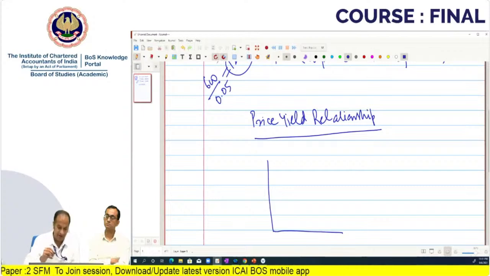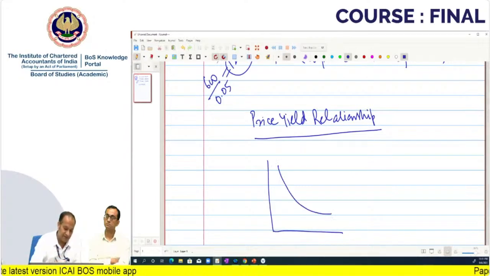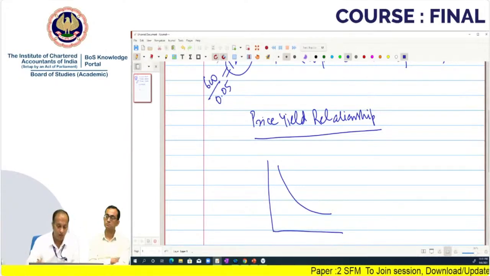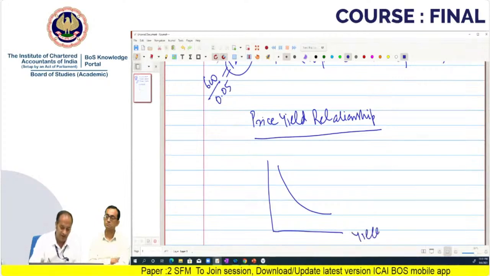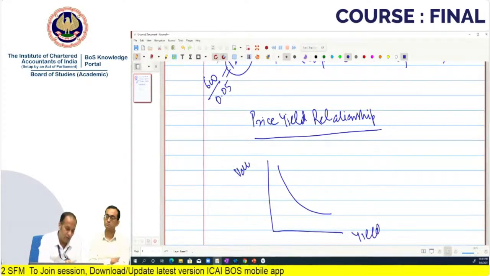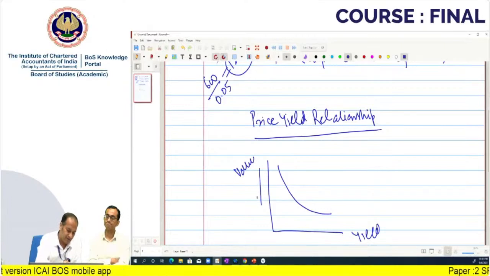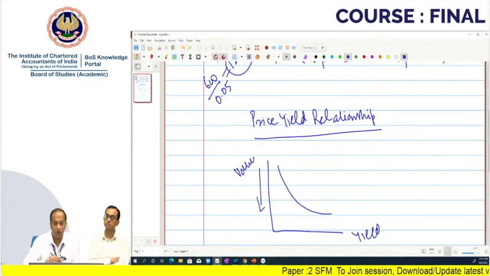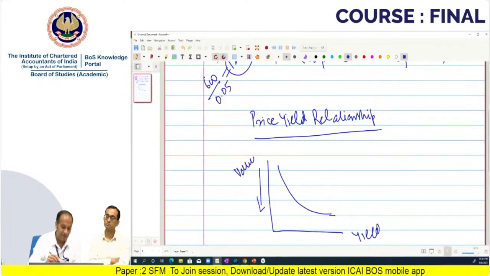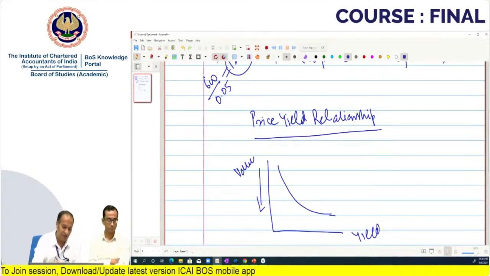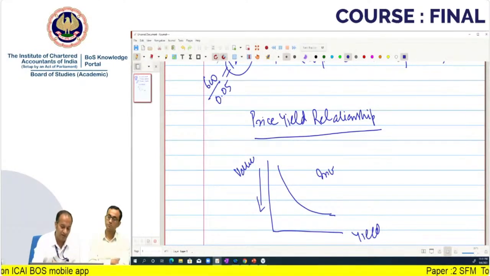Student, it says that there is a reverse relationship. If the yield is increasing, the value or the price of the bond falls because expectations are increasing. So this is called an inverse relationship.